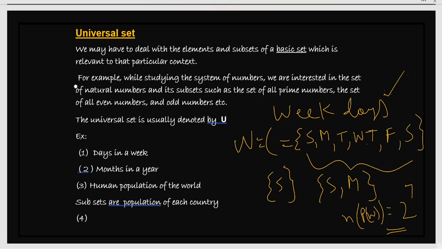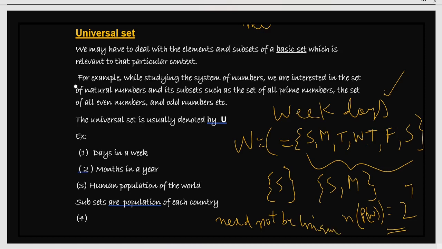So the context is important to define the universal set. A universal set need not be unique. I will tell you why.